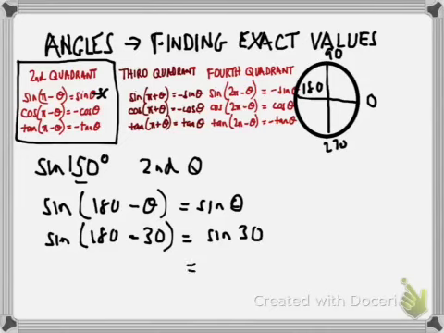Now it's just a matter of, from memory or looking up page 300, what sine 30 is. On page 300, sine 30 is a half. Answer, 1/2. Done. We've got the exact value for sine 150. Identify the quadrant, identify the rule, find theta, read the table. That was 4 steps.